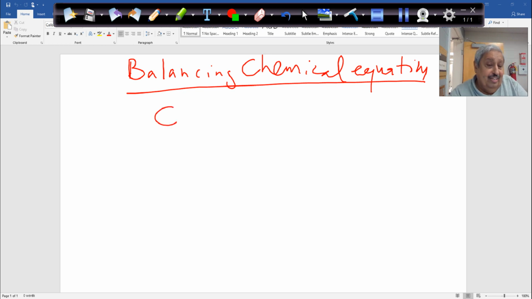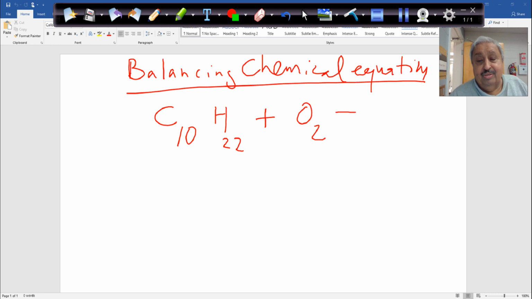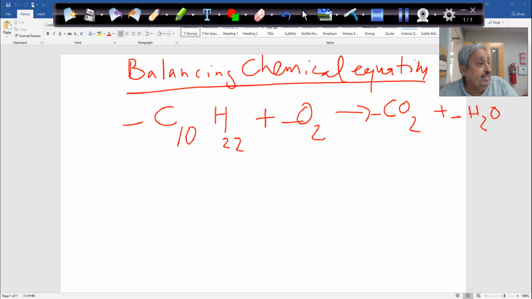So I have C10H22 plus oxygen will give you CO2 plus H2O. So you have to come up with the coefficients here, here, here, and here. This is not balanced. So what are those coefficients?